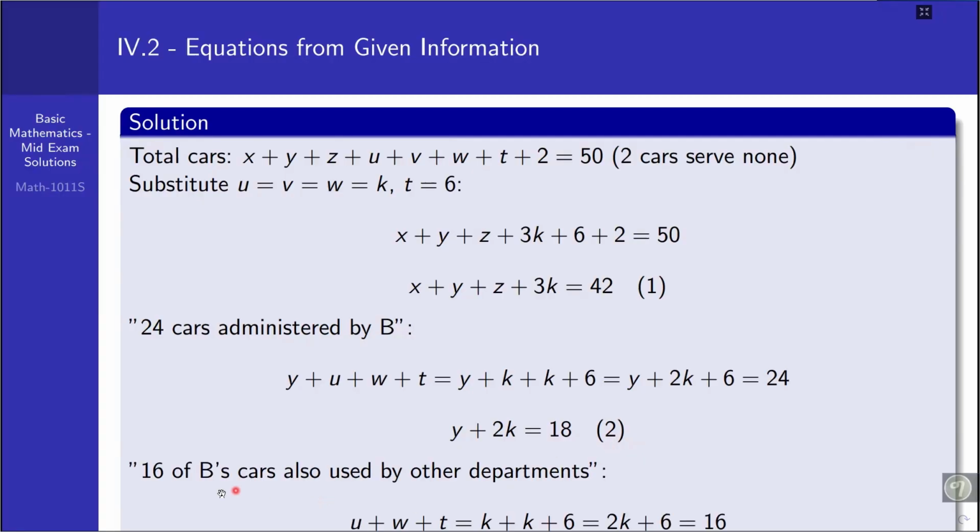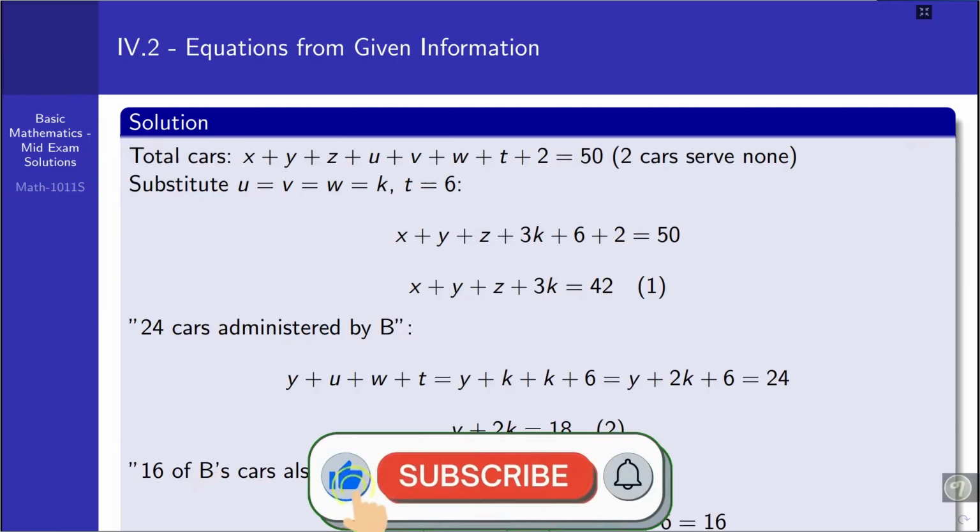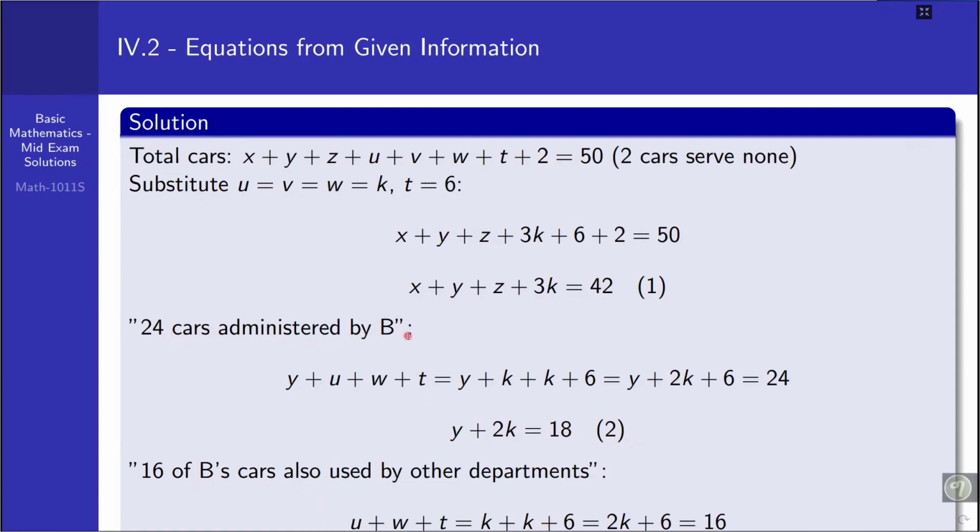Similarly, 16 of B's cars are also used by other departments. 24 cars are administered by B, and from the 24 cars, 16 of them are used by other departments.